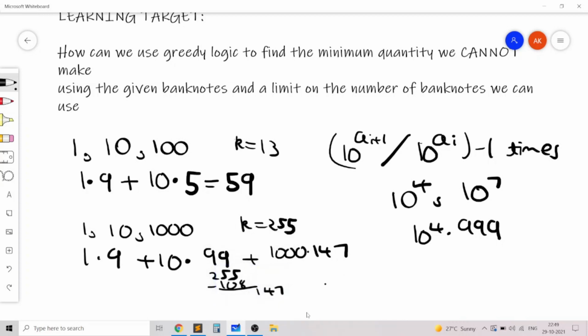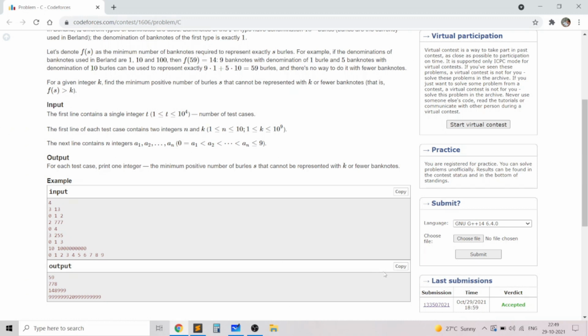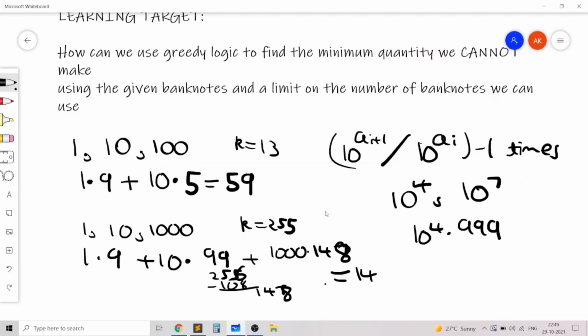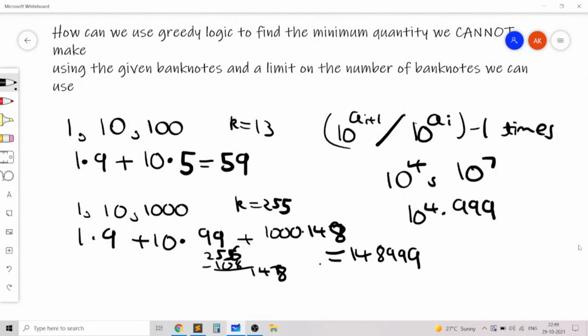So 256 minus 108 gives us 148, and this will be equal to the number given over here. You can pause the video and calculate that it will be 148 and 999. So you can verify that this will be the number if we use this kind of greedy logic.